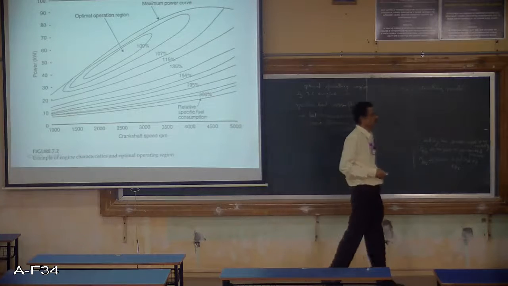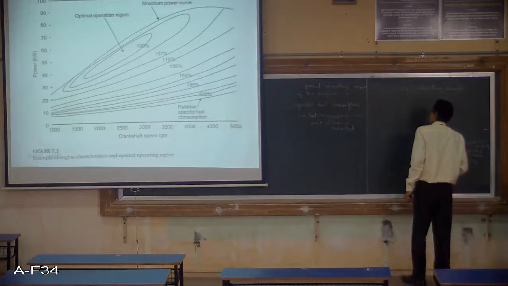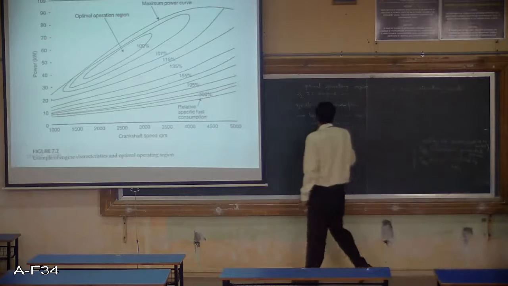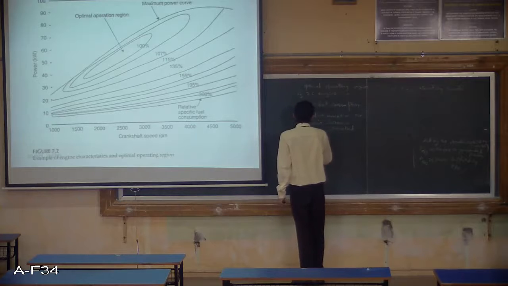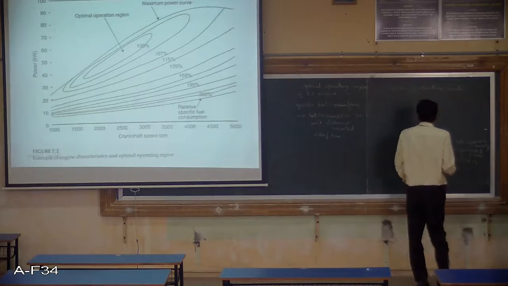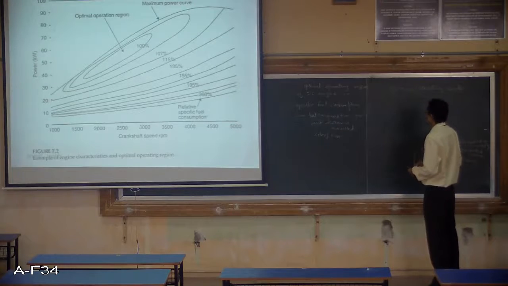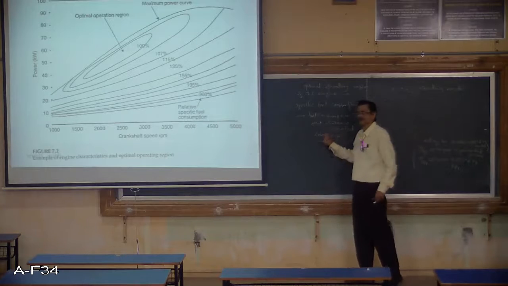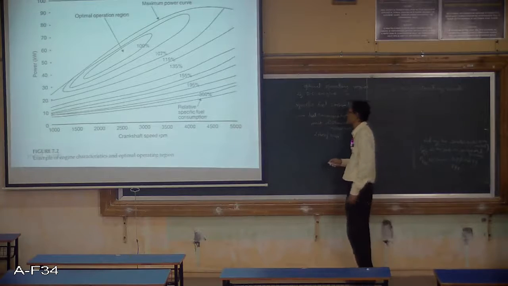So for per unit distance traveled, whatever fuel consumption we have, that can be written in terms of liters per kilometer. Okay, so for 1 kilometer distance traveled, what is the amount of fuel? That is known as specific fuel consumption.